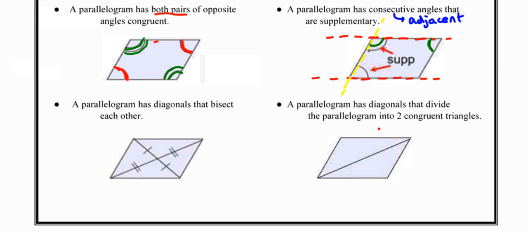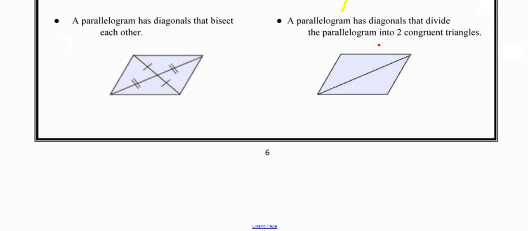The green angles would be supplementary. The purple angles would be supplementary. Any two that are adjacent, meaning next to one another, would be supplementary angles. The next property is that the diagonals of a parallelogram bisect each other.